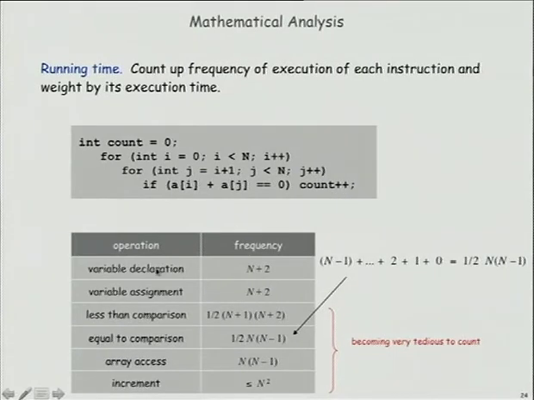How many variable declarations do I have? Well, I have 1 over there, 1 over there, and then this loop is executed n times, so I will declare n more j variables. So I will have n plus 2 variable declarations. Similarly, for this assignment, we will have n plus 2.